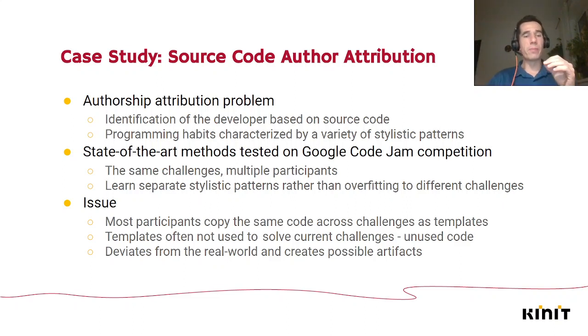And a very popular dataset used in this domain is based on the Google Code Jam competition, where the participants solve the same challenges. It is good because the model can learn separate stylistic patterns of the authors rather than overfitting to different challenges. So yeah, this is very fine.